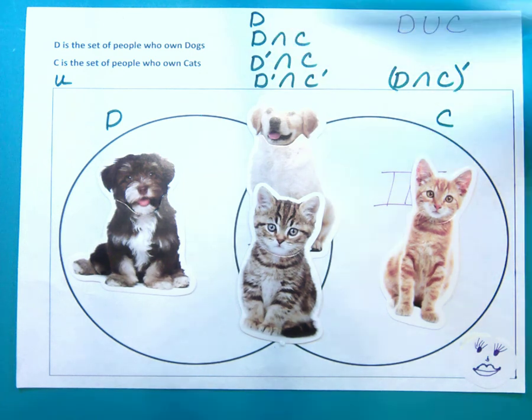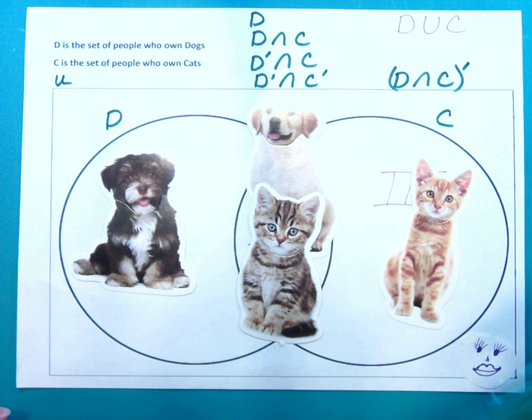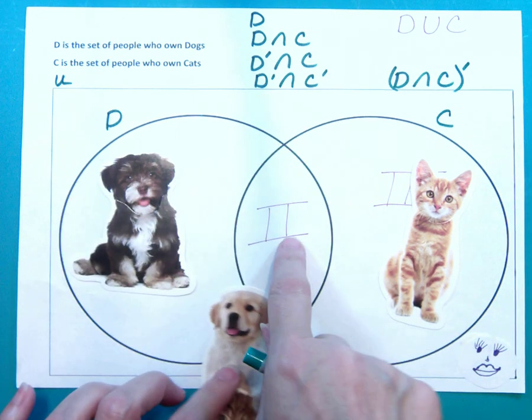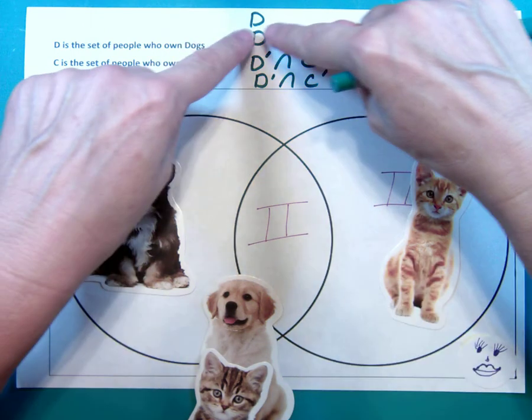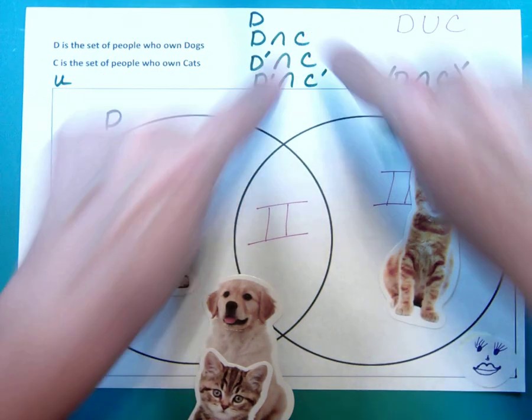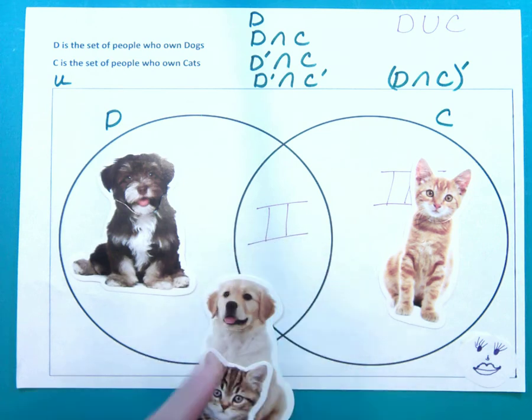But I like to say and also because I think it helps with understanding. So the people who own dogs and cats would be here in the center. They have to own a dog. These are people who own dogs and people who own cats. They have to own both a dog and a cat. So they would be in region 2.